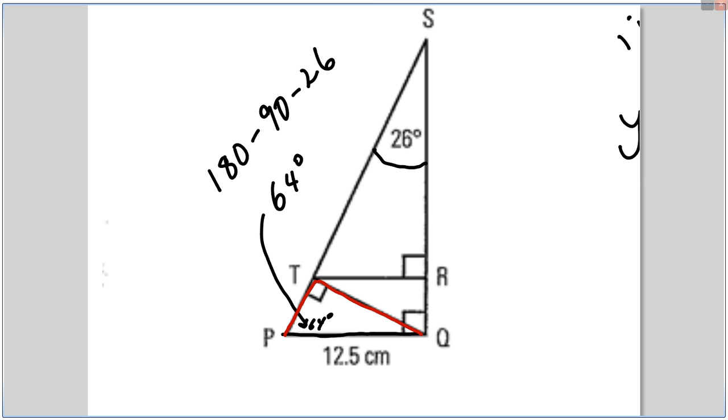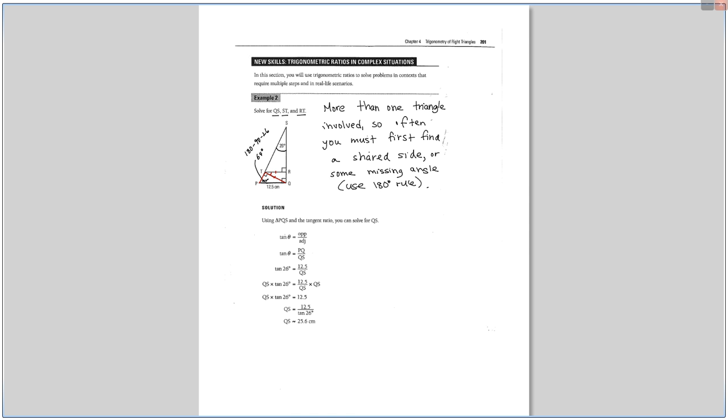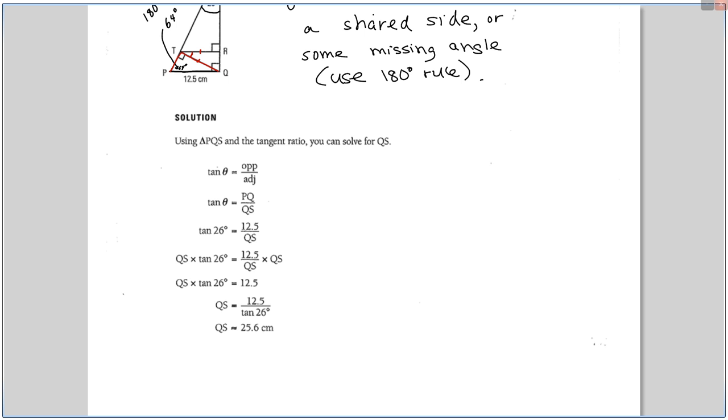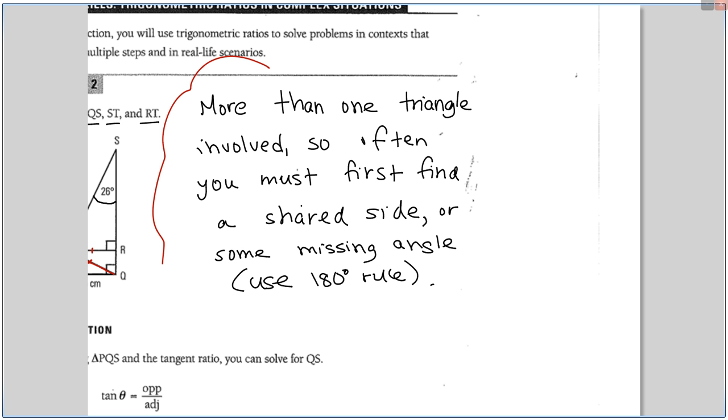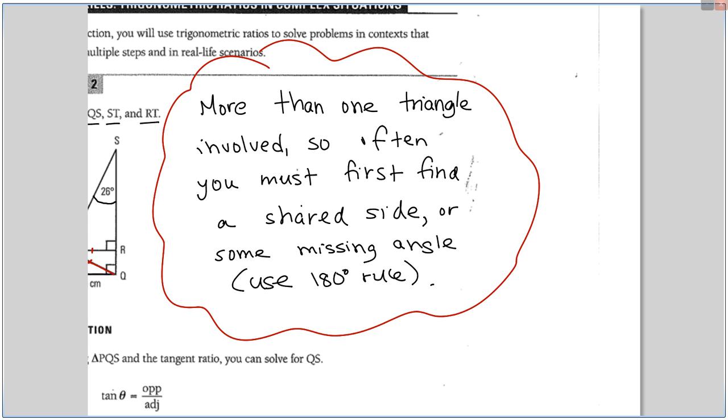Using various trig formulas. And this is in your book. It's all here, so I'm not going to bother with it. But this is just a general rule for you. If there's more than one triangle involved, often find a shared side or some missing angle.